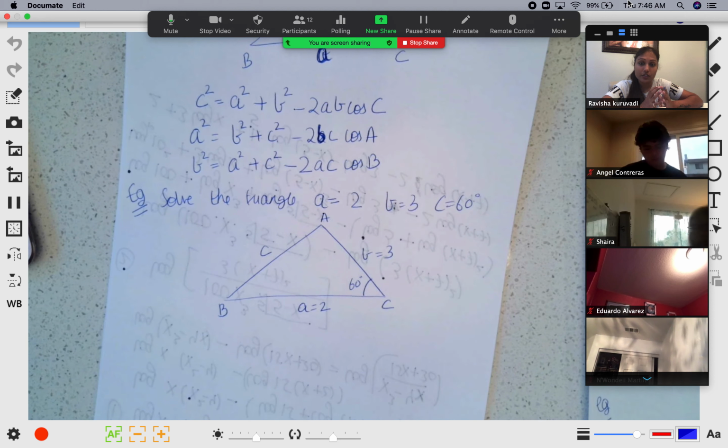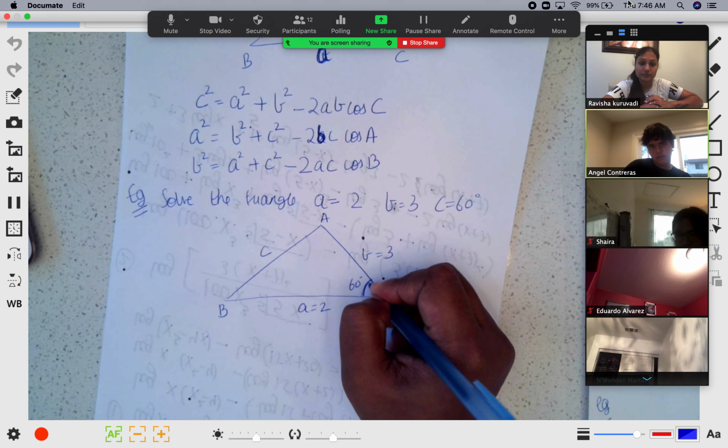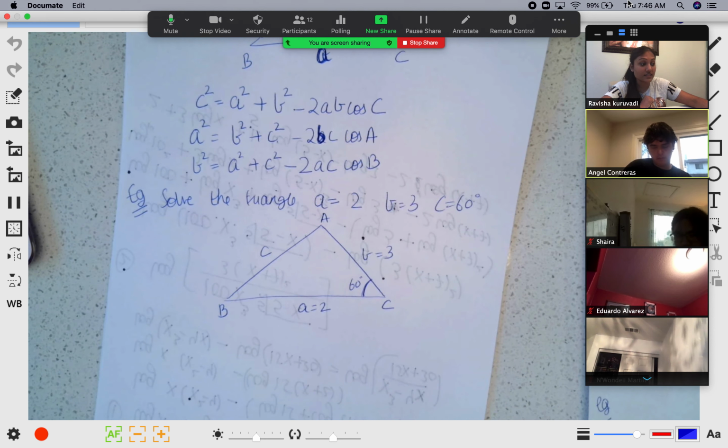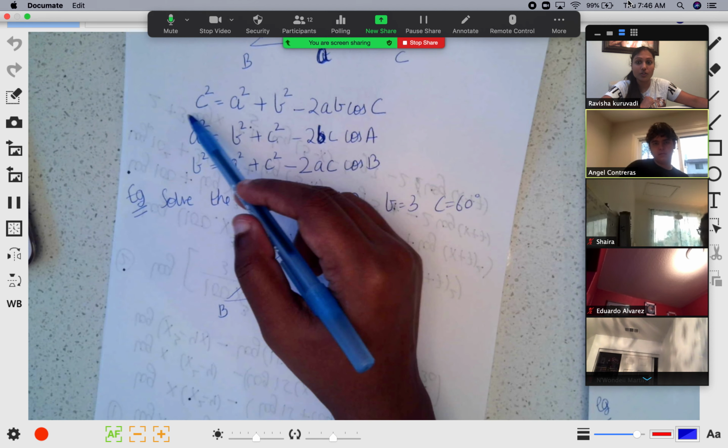Which one will I use out of law of cosine? Which one uses this angle C? C squared, the first one. This angle C is used by only this one, so I'm going to use this formula.